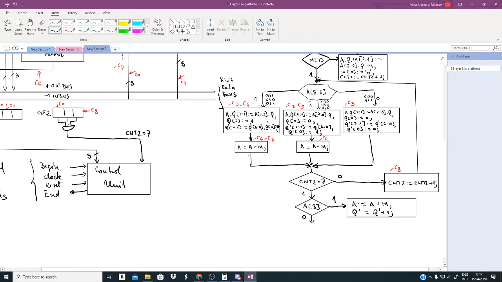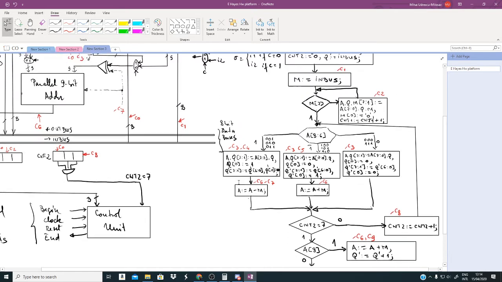For that, we use a control signal C7, C6, sorry, to perform the addition, and C9 to increment register Q prime.